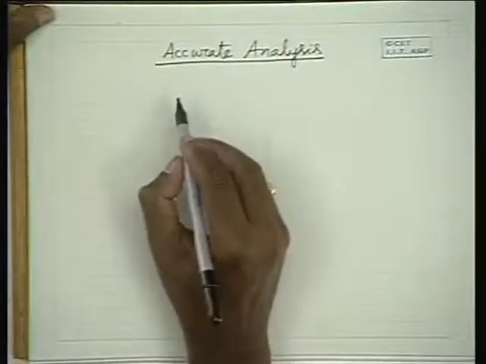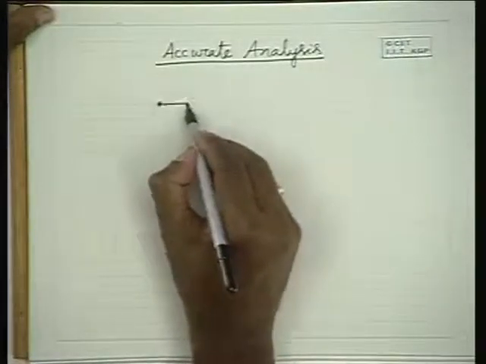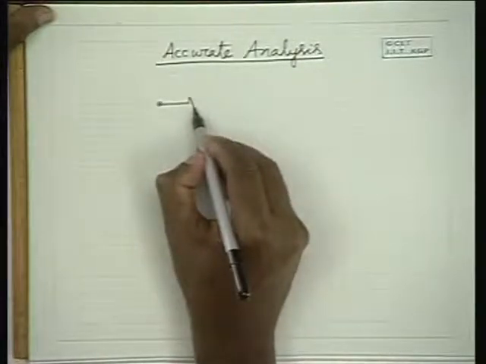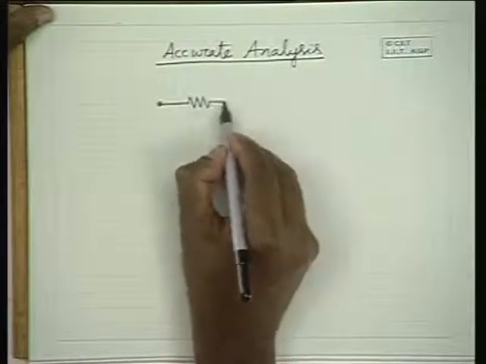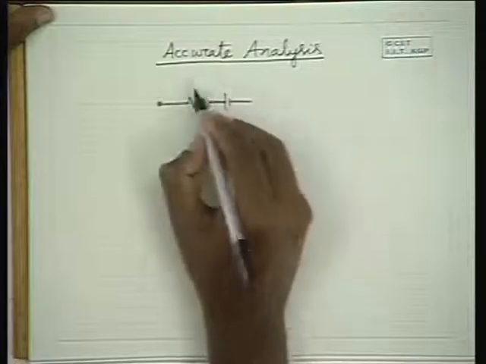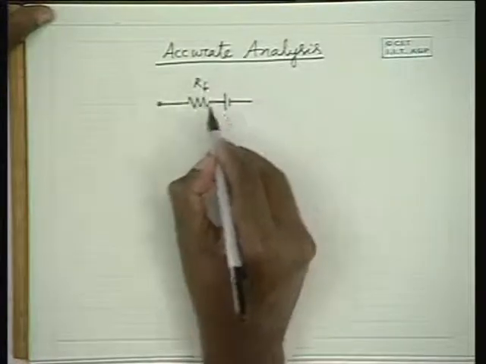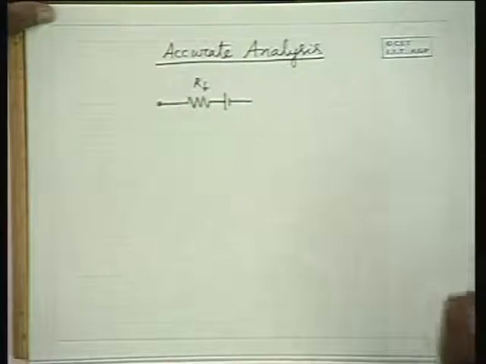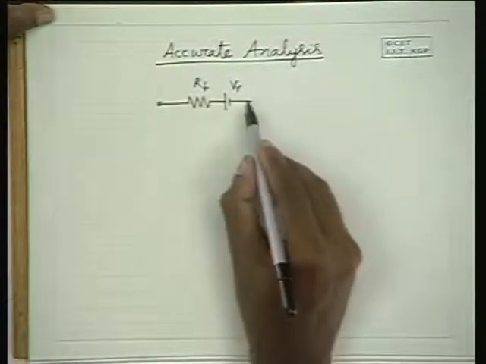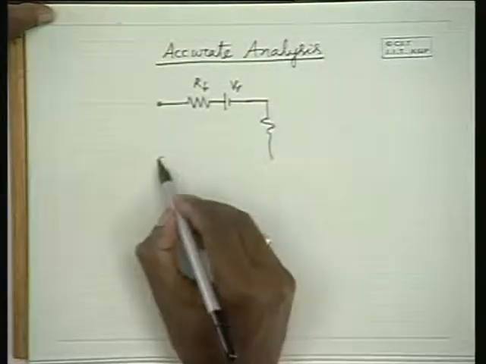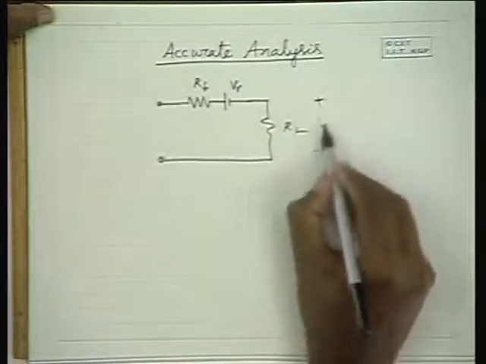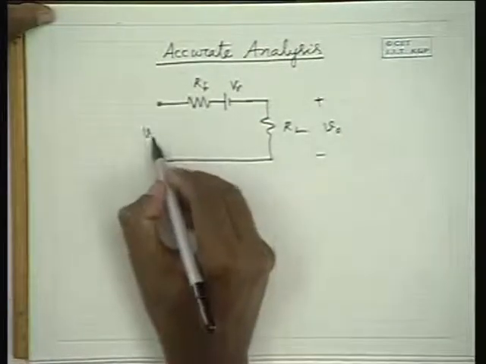During the positive half cycle, let us do the analysis for a half wave rectified waveform. The diode can be replaced by its equivalent circuit with its forward resistance RF and the V gamma here, and RL, the load resistance, connected like this. So this is the output voltage, this is the input voltage.